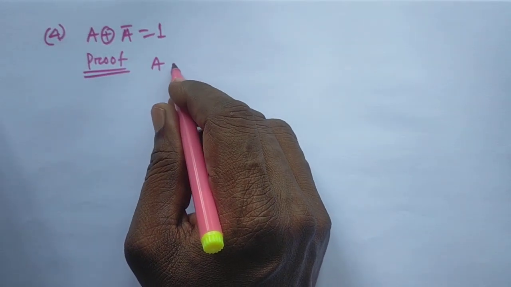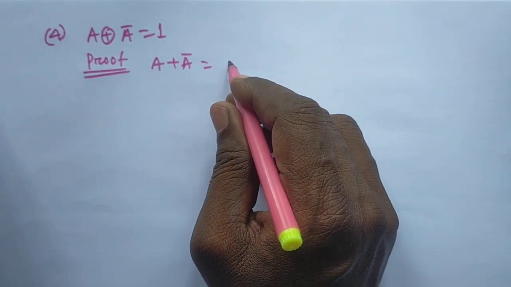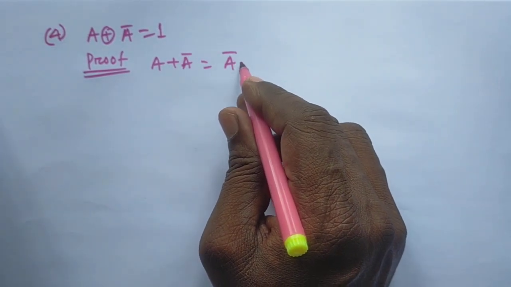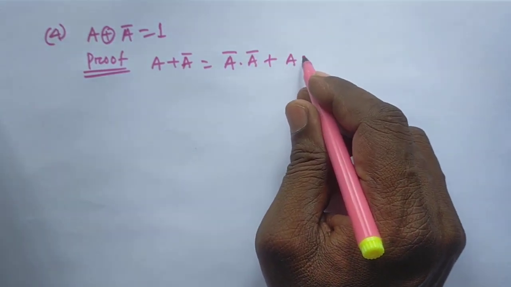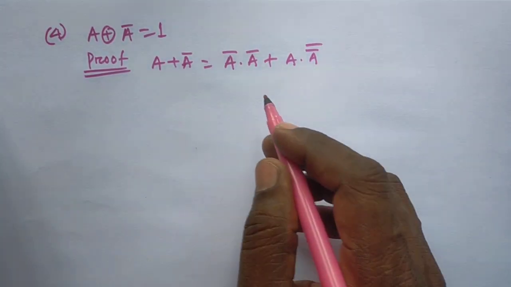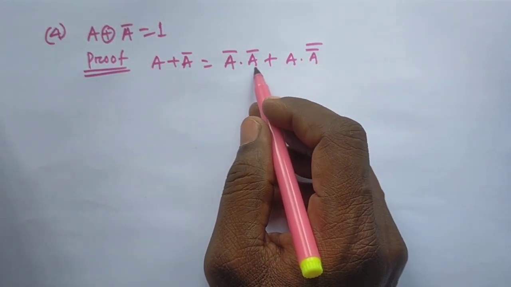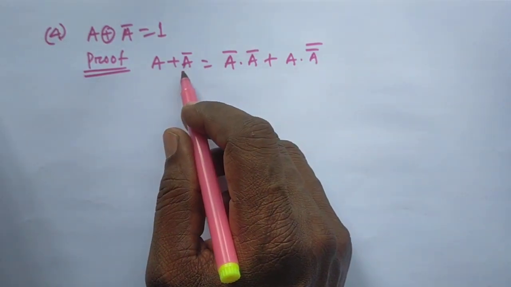A XOR with a complement, what is this? A complement, the first one, dot a complement, the second one, plus a dot a complement complement, because in a complement b plus a b complement, b is a complement.